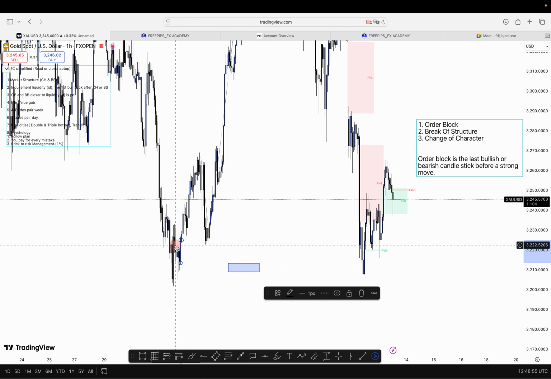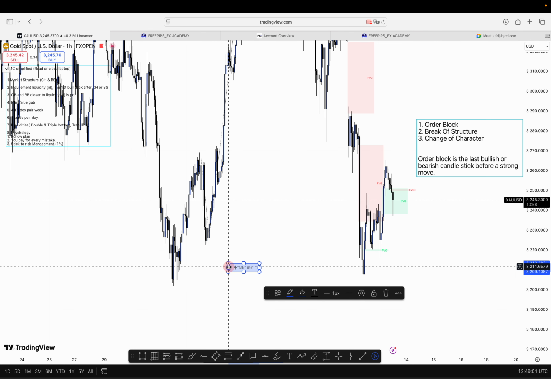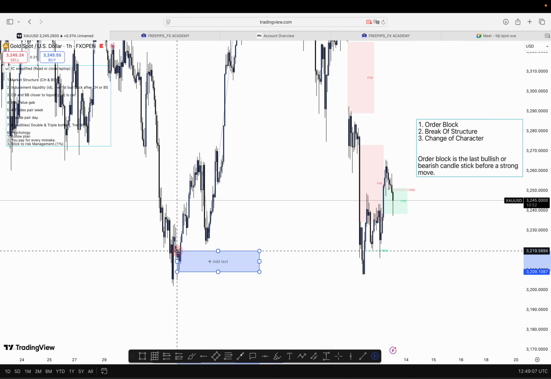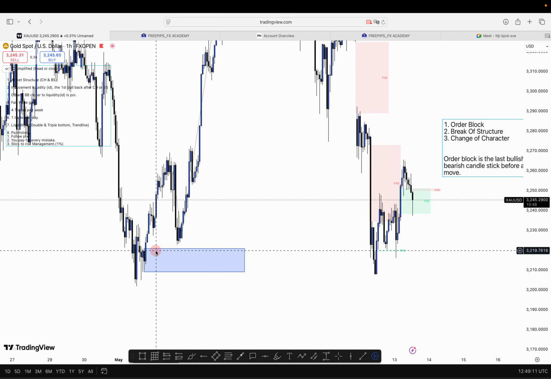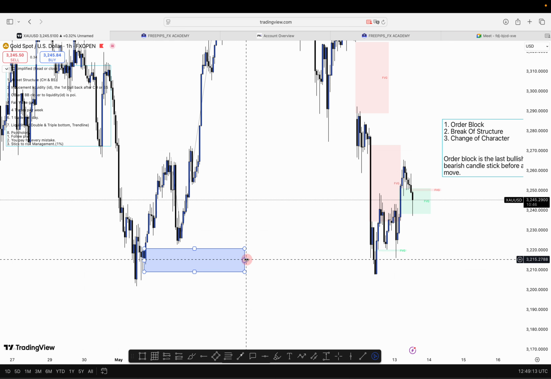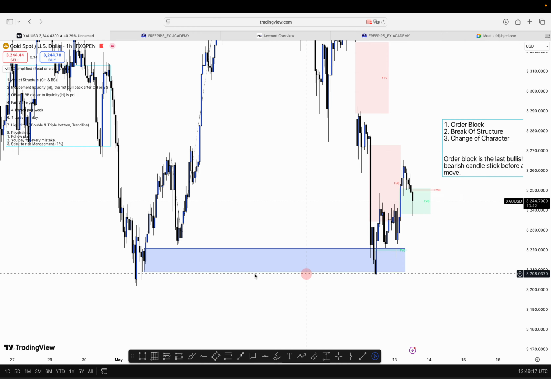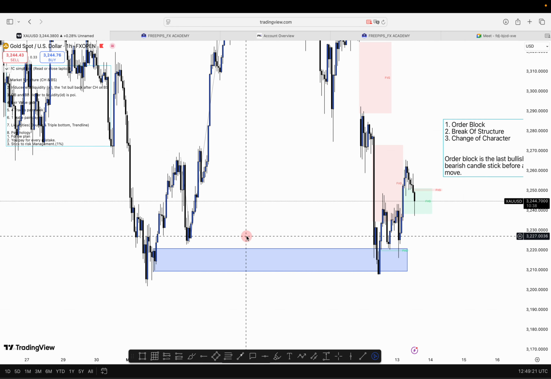So before this strong move, which candlestick can we identify? This black one, bearish. Yes, so this is an order block. That's why price is respecting it.